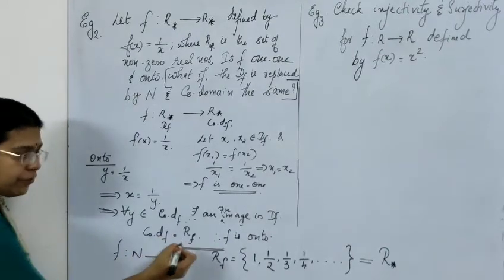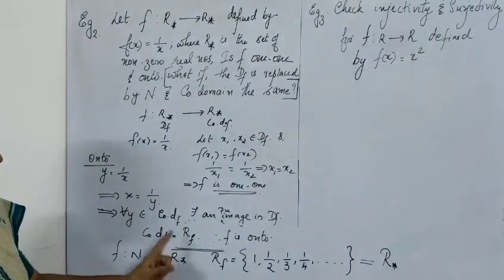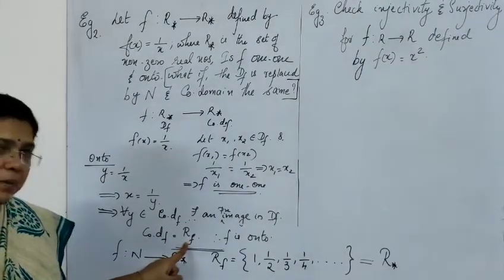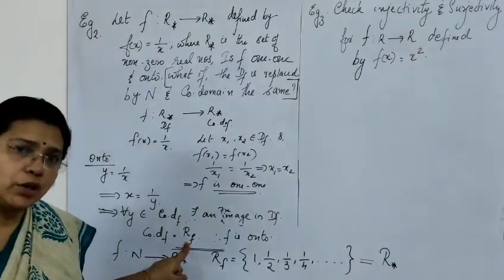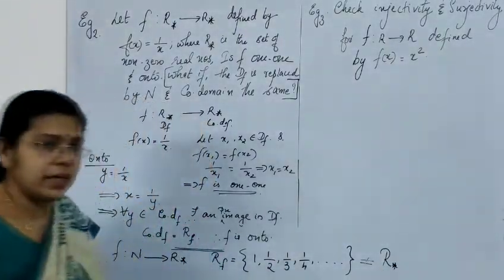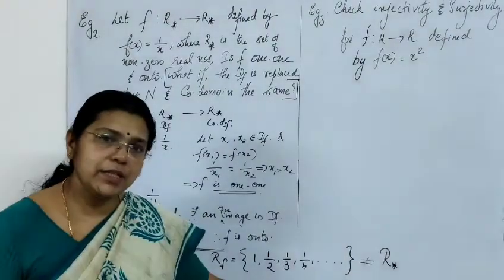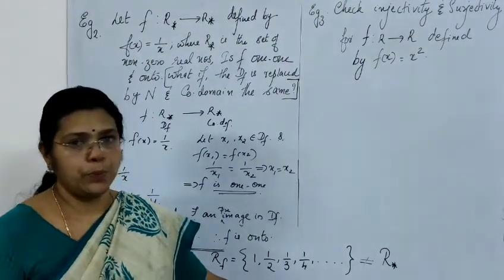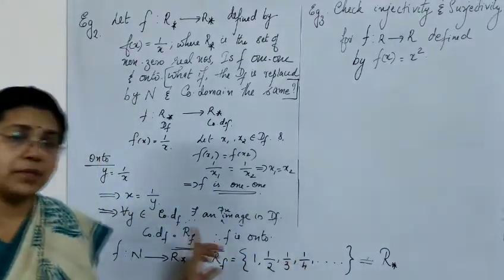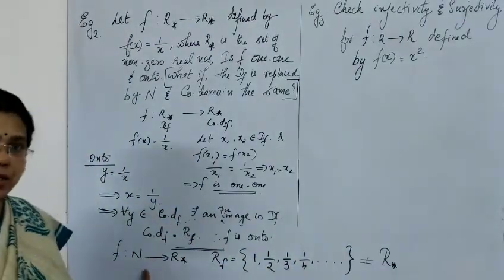I repeat, when a function has its range as its codomain, when these both are same, I can say that the function is onto. But here, this is not equal to R star. So, can I say that this function is an onto function? No. Because still there are elements in R star which don't have a pre-image in N.